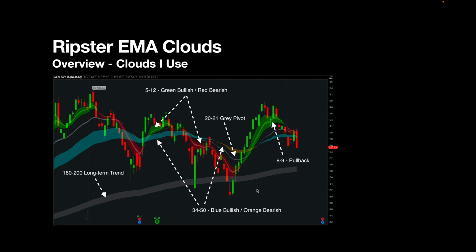It's just gray to give me a visual indication. I keep it light because interactions with that are rare. Depends on the stock, but typically in uptrending or downtrending stocks, the interactions with that will be less common. And so having it faded into the background is fine for me, and I don't really need to know whether it's stacked up or stacked down for those. So I just keep it gray.